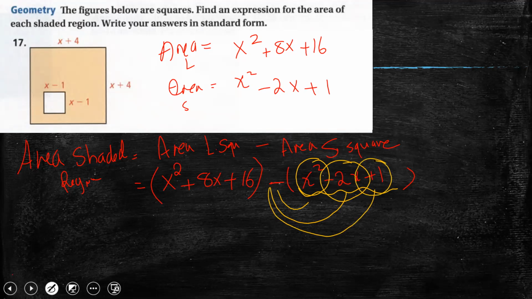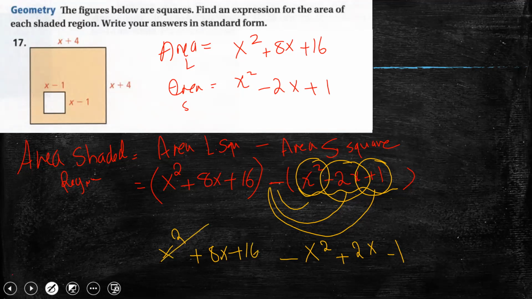It comes like negative x squared, negative times negative 2x is positive 2x, and negative times 1 is negative 1. And the previous one, keep it as it is: x squared plus 8x plus 16.